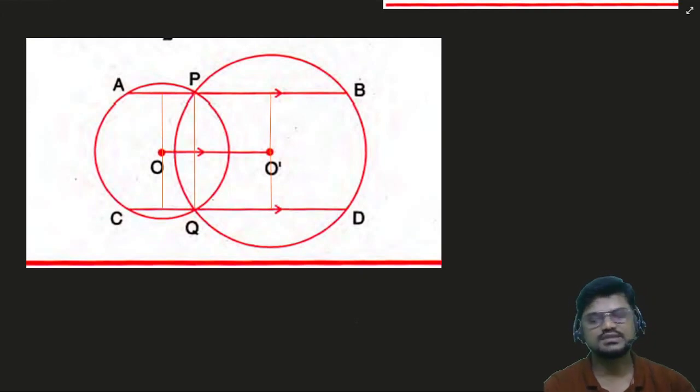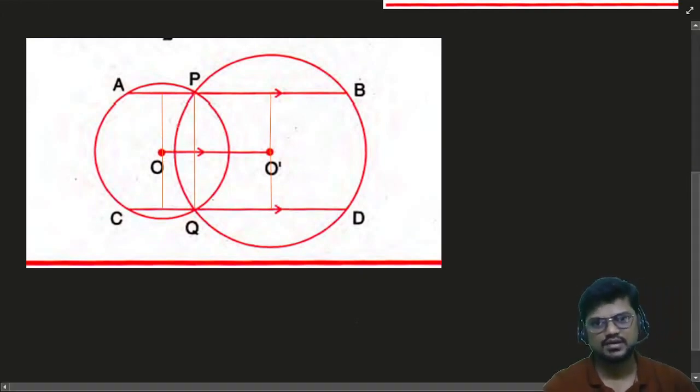We need to draw these lines. Now why these lines? Because see what we have to say.